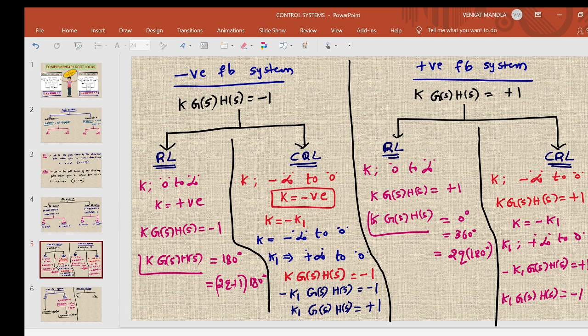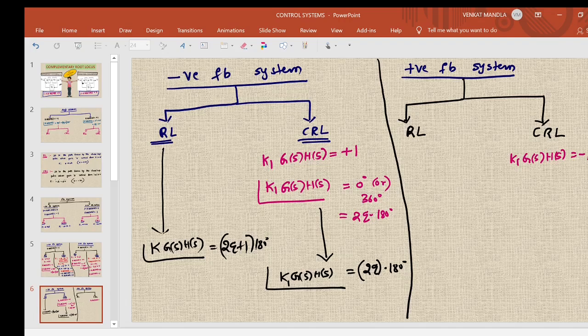Here what do we get? K1 GSHS equal to minus 1, and k1 is positive here, right? Now for the angle of k1 GSHS, what do you get? If it is minus 1, you will get 180 degrees or odd multiples of 180 degrees.